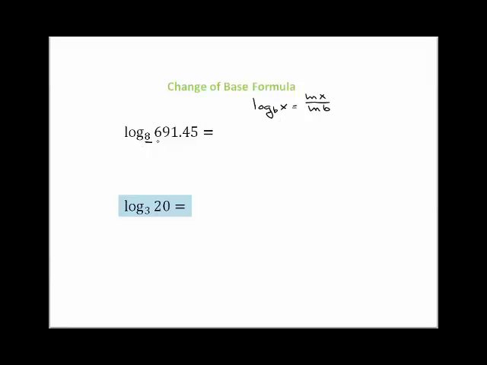So in this case, you would put in ln of 691.45 divided by ln of 8. And you should get approximately 3.14. Sounds like a familiar number.